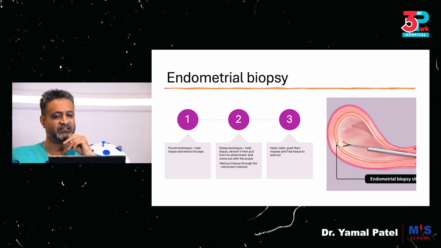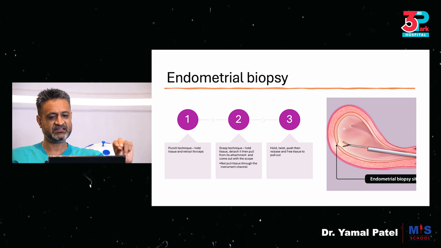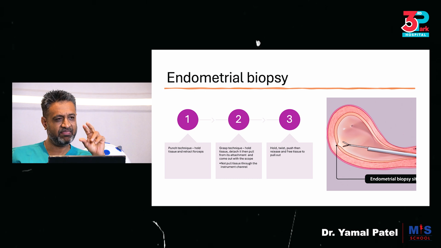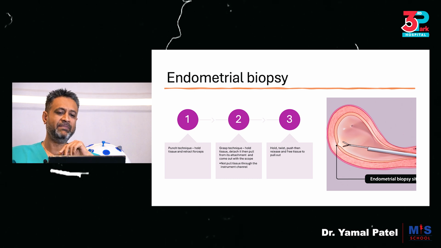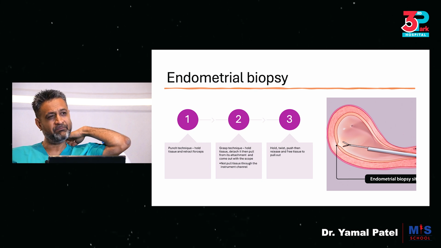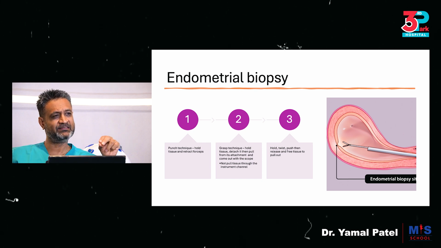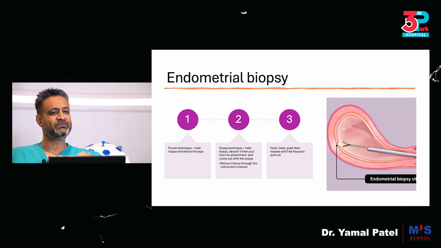The second one is the grasp technique. You'd hold the tissue, detach it, pull it from its attachment, and then come out with the scope. This is probably a better way of doing it, because you will get bigger tissue pieces than by coming out through the instrument channel.